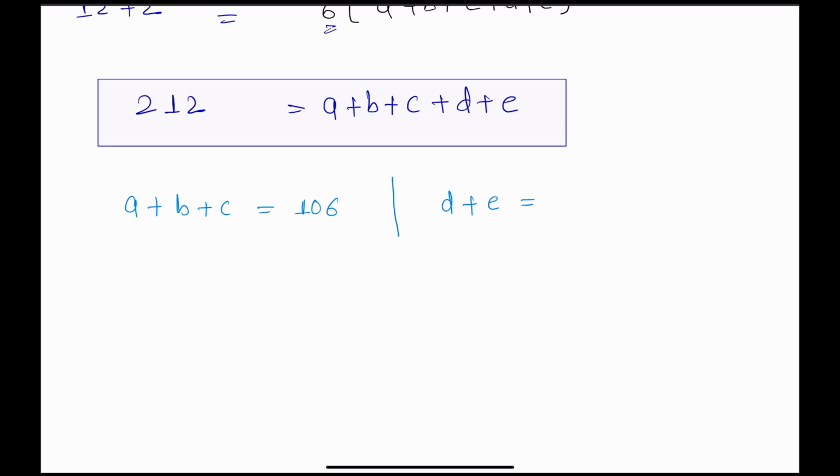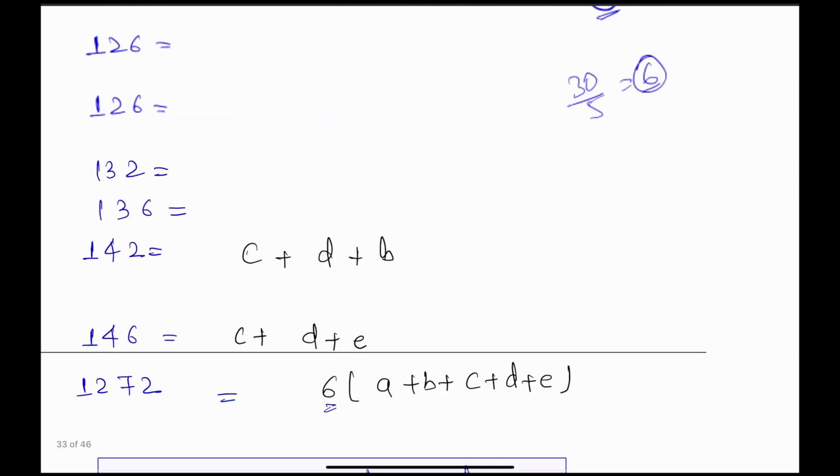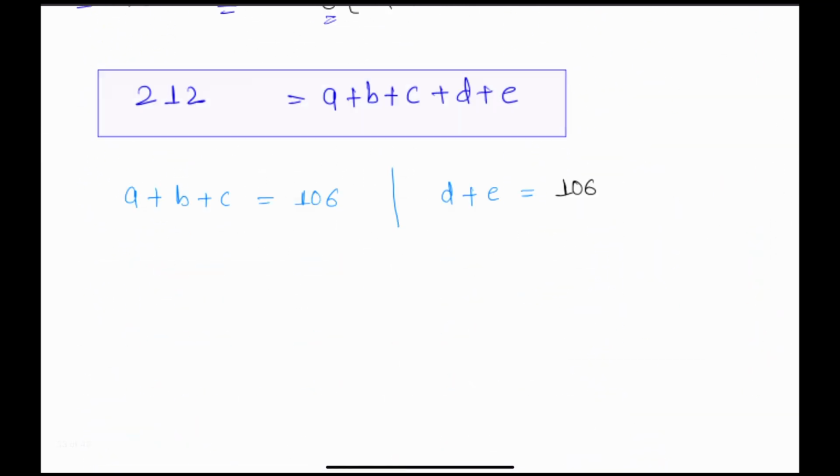It will be nothing but how much? 212 minus 6 is 206, 206 minus 100, so 106 only. 212 minus 106 is 106, it is twice, na? So this value is 106, right? Second value is a plus b plus d.